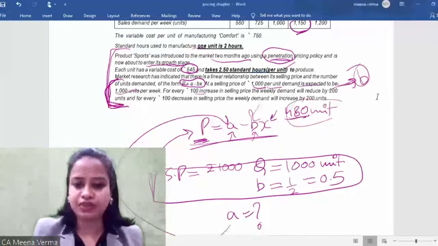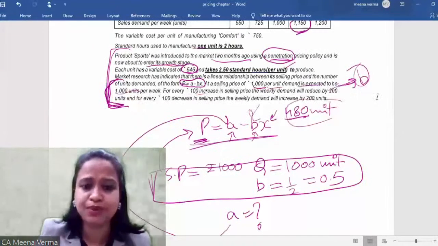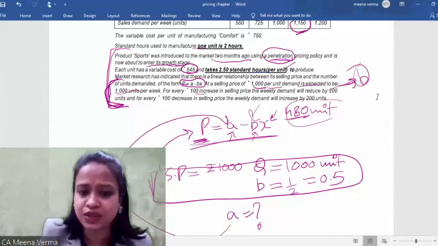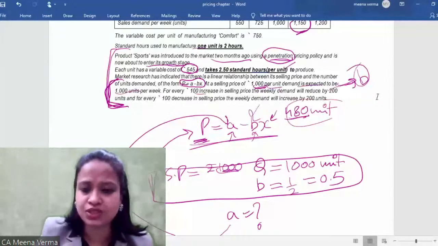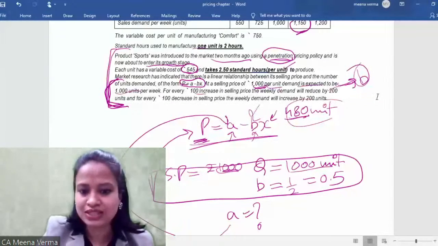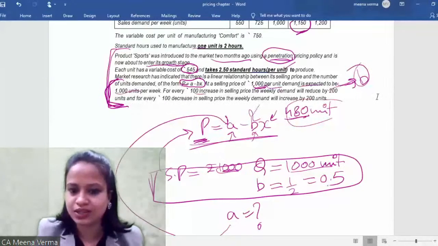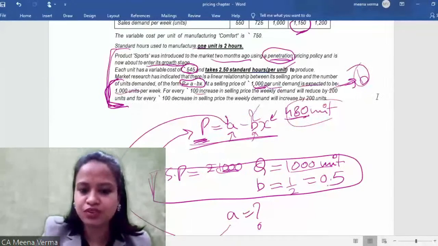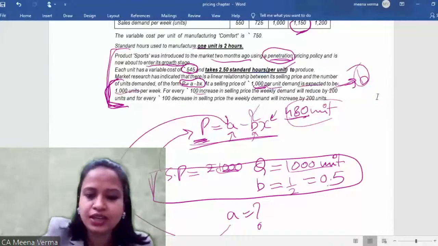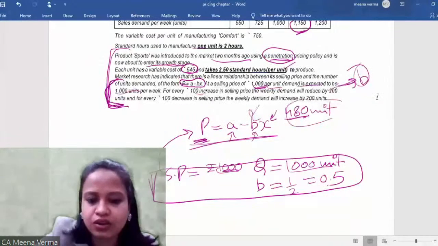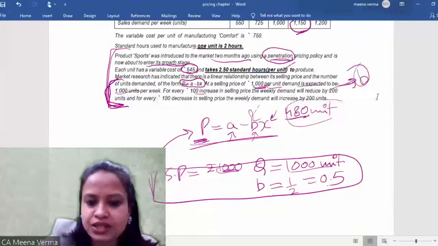Okay? See, in the question it is given, the selling price is given here. If the selling price is 1000, you can sell 1000 units. So with this relationship, you know the B value, change in price to change in quantity. If you put all this information in the formula P is equal to A minus BX, you know the value of P, put it here.